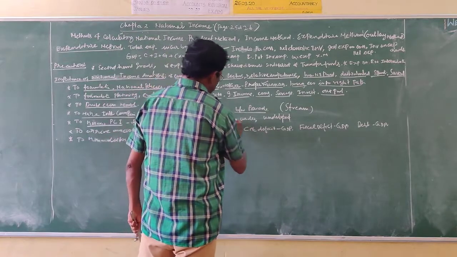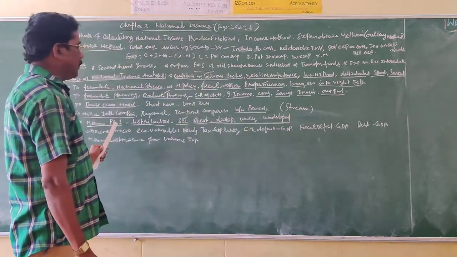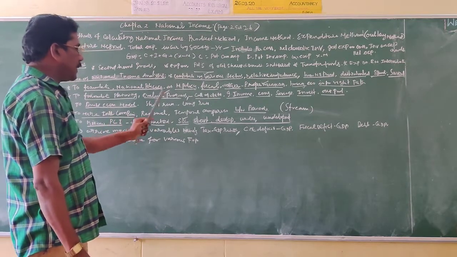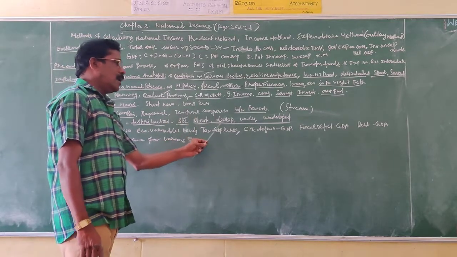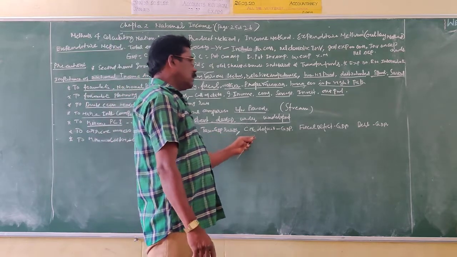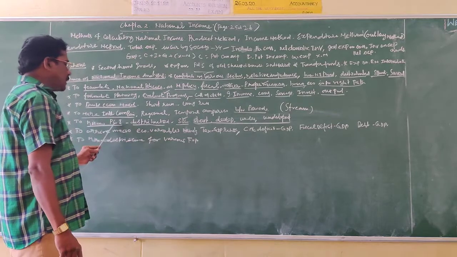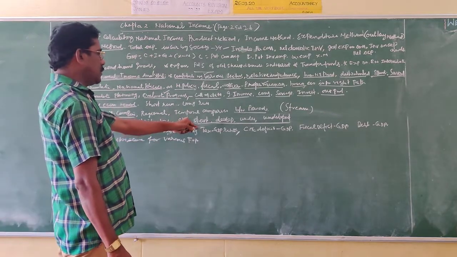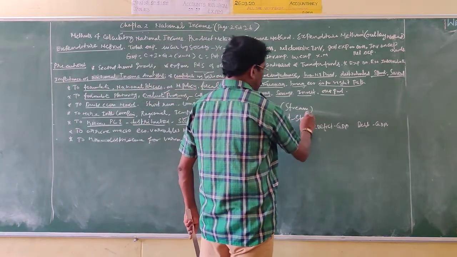These classifications are made on the basis of the per capita income of the people, whether it is a developed country or developing country or underdeveloped country. So the per capita income plays a vital role in the classification of countries on the basis of the status of the country.